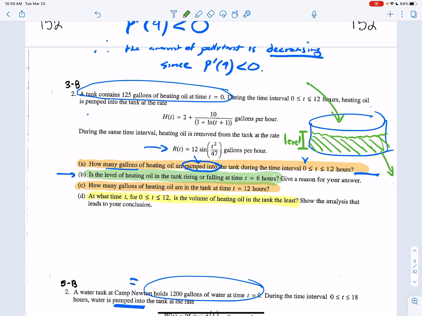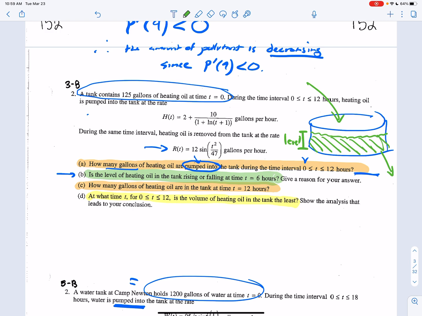Just think of it this way. If you have a bathtub and you let the water run, and your drain is open, is your water rising or falling? Logically, the only way the level is going to increase is if there's more going in than there is going out.